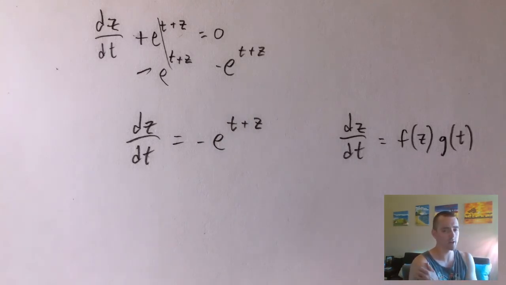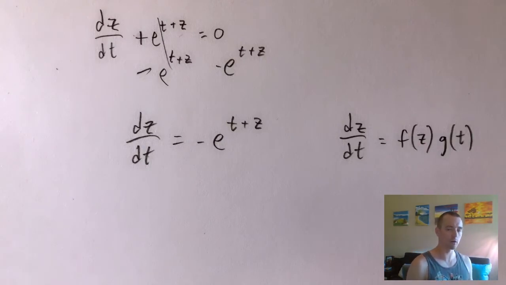What you want to keep in mind is that when you have an exponent, like we do here, you can combine two exponents with the same base by adding their powers. Similarly, you can do the exact opposite.